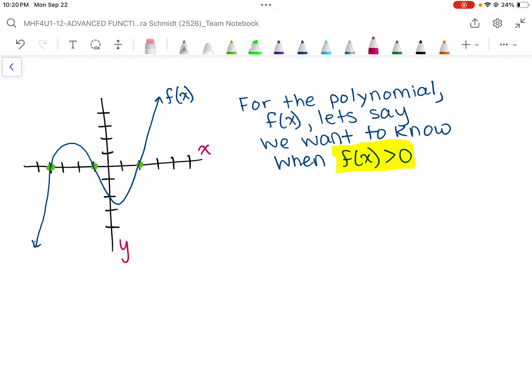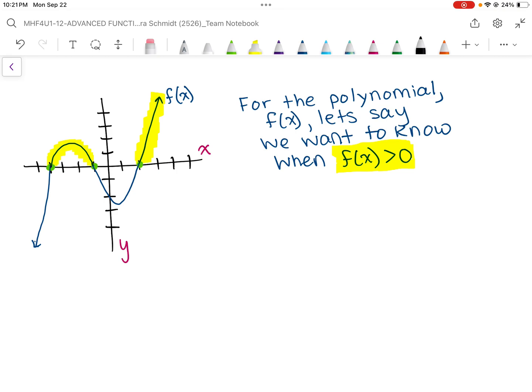Okay, let's try a polynomial. So let's say for this polynomial, we want to know when the polynomial is greater than 0. So if I look at my graph, when is it above the x-axis? So it's greater than 0 in this little section and in this big section here. So I can describe that using the roots.